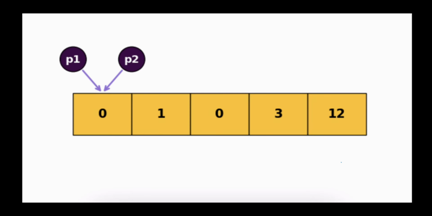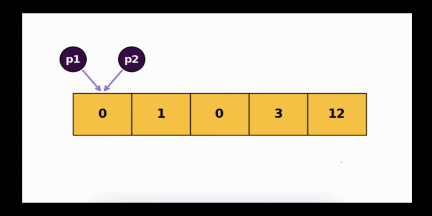Here is example 1, and we are using pointer 1 and pointer 2, and at first we set both pointers to 0. Pointer 2 should go until the last value in our array, and pointer 1 will keep track of the position where the next non-zero element should go.